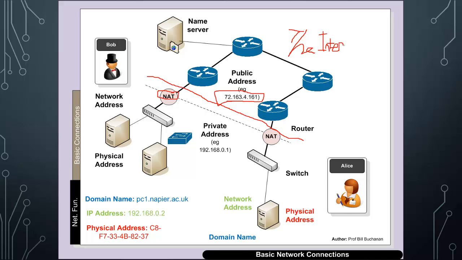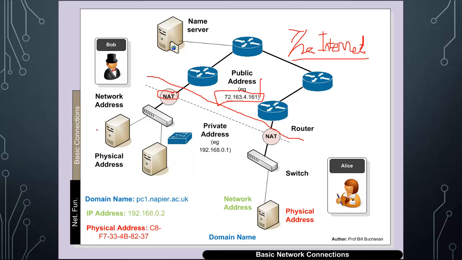So these addresses are controlled and allocated. If you want to connect to the internet, then you need a public address, and if you want to route between these intermediate devices, then they route with public addresses.